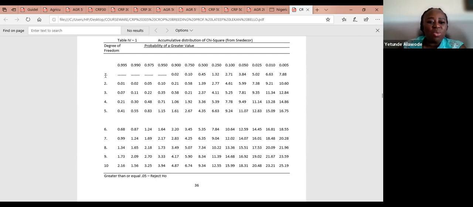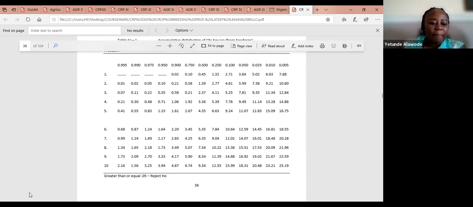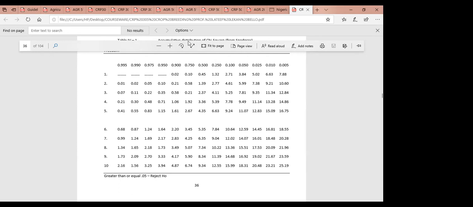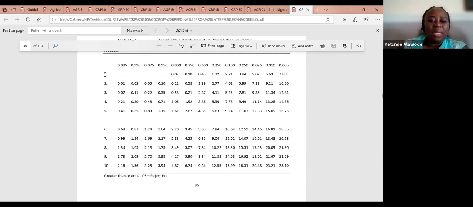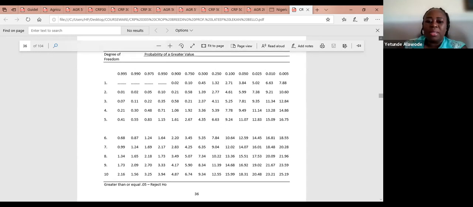So everything you check, you are checking under this 1 here. Hope you can see 1 on the table. Can you see the chi-square table? Yes, ma'am, we can see. So everything you'll be checking is under this 1 here, because the degree of freedom is 1.